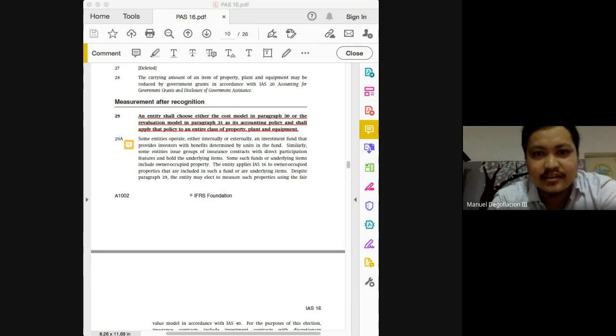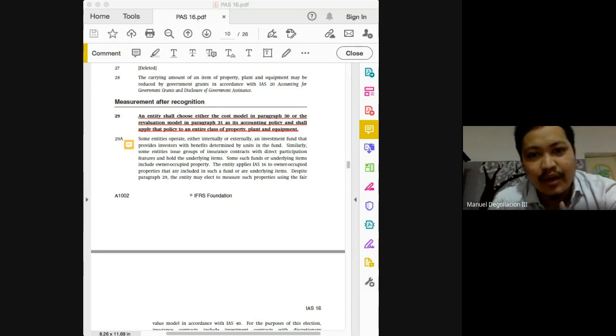Similarly, some entities issue groups of insurance contracts with direct participation features and hold the underlying items. Some such funds or underlying items include owner-occupied property. The entity applies PAS 16 to owner-occupied properties that are included in such fund.